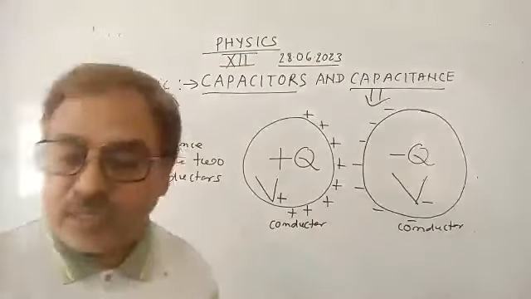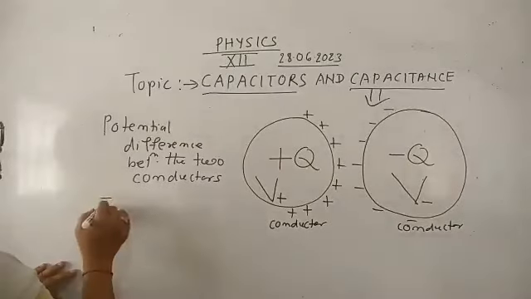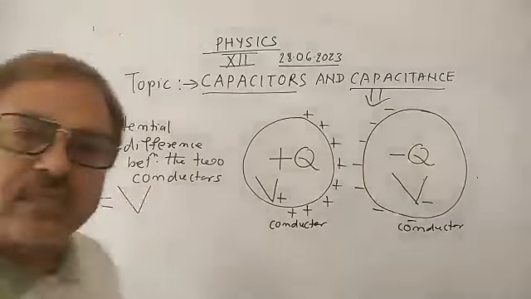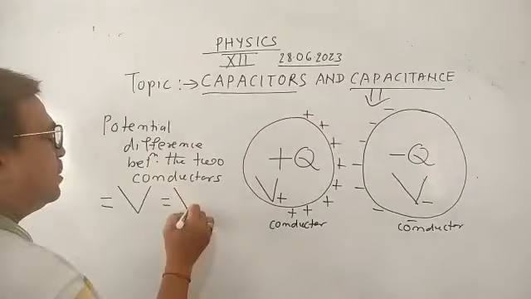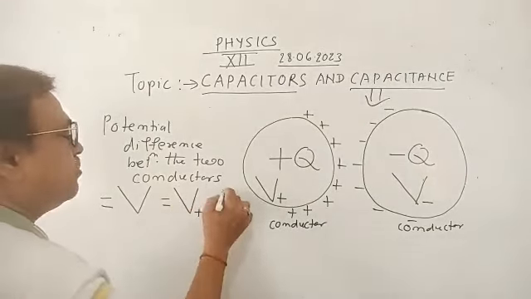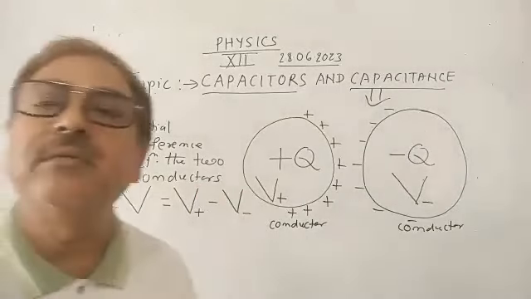Suppose it is equal to V. For this system of two conductors, this value is the high potential of one conductor minus the low potential of the second conductor.